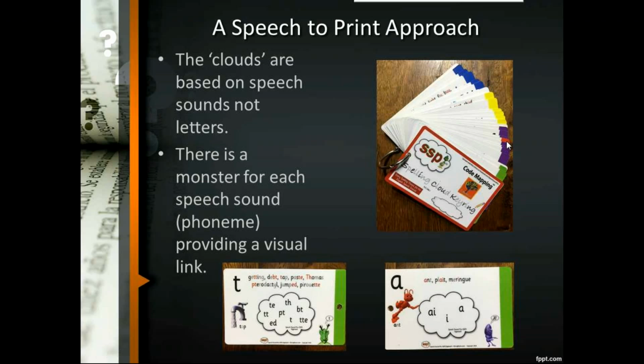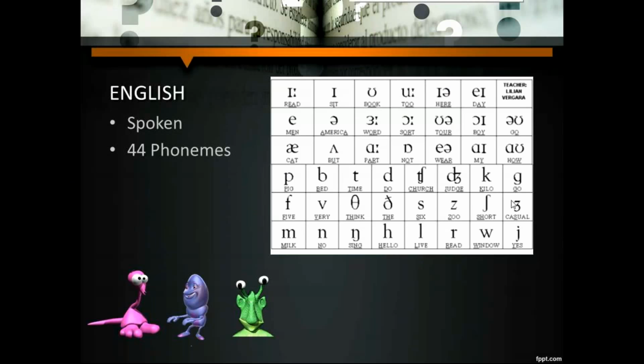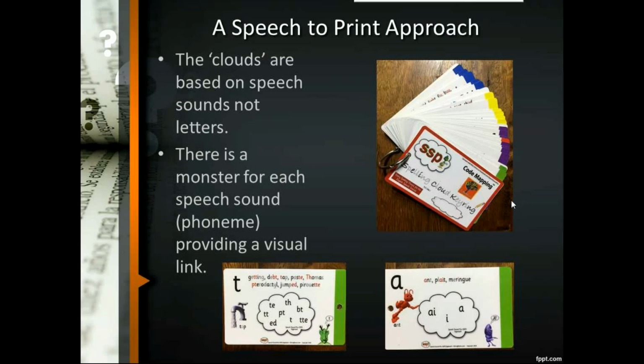So as a teacher of the deaf, you know a lot of vowel sounds can sound like a schwa in words, like that unstressed vowel sound. So they even have a card to represent that. So the clouds are based on the speech sounds, not letters. And as I said, there's a monster for each of those sounds, for each of those phonemes.